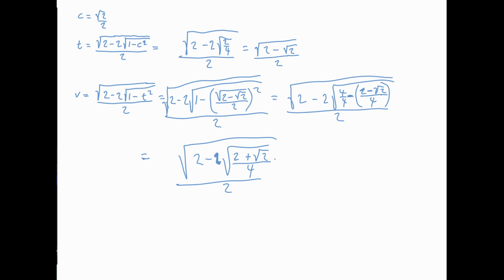And we know that the square root of 4 is 2, so that's going to end up being 2 minus the square root of 2 plus the square root of 2.